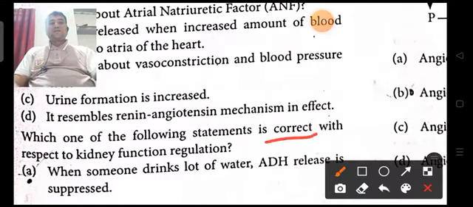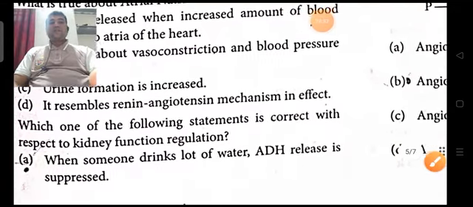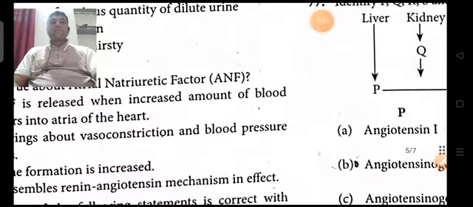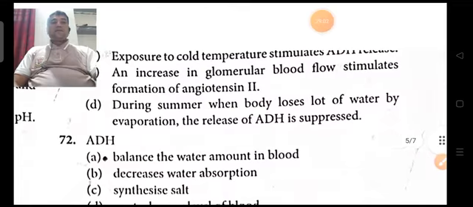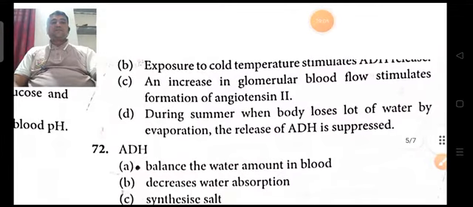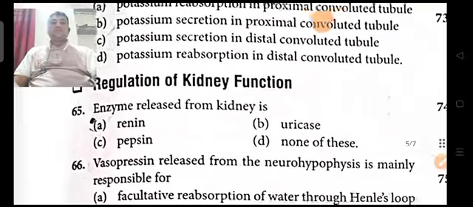Next, which one of the following statements is correct with respect to kidney function? When someone drinks lot of water, ADH release is suppressed. Exposure to cold temperature stimulates adrenaline. An increase in the glomerular blood flow stimulates formation of angiotensin 2. During summer, when body loses lot of water by evaporation, the release of ADH is suppressed.